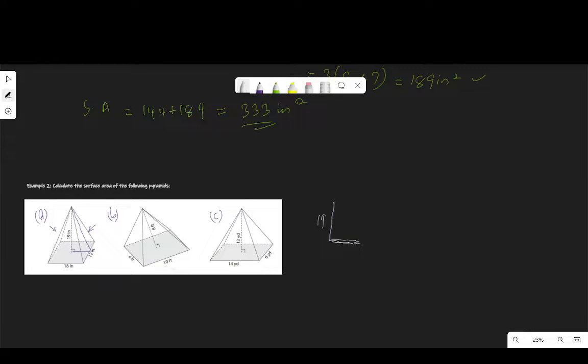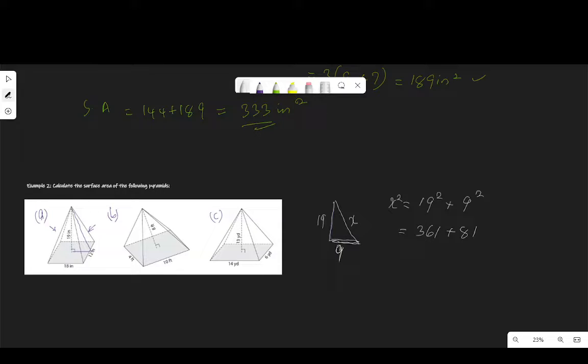Half of 18 is 9, and then the base is what we're looking for. Let me call it x. Putting this into Pythagoras theorem, x squared is equal to 19 squared plus 9 squared. 19 squared is 361, and 9 squared is 81. 361 plus 81.